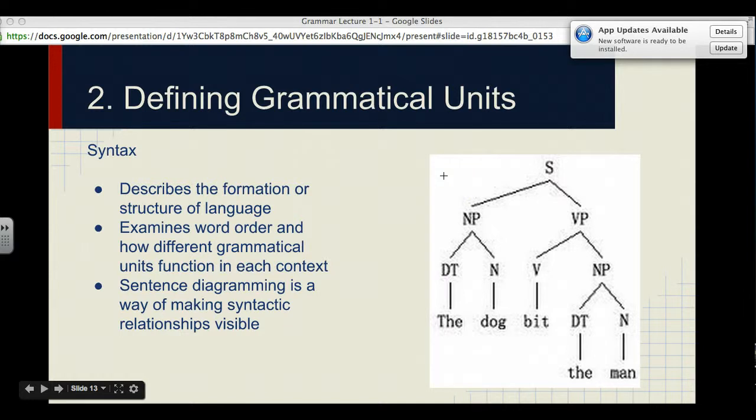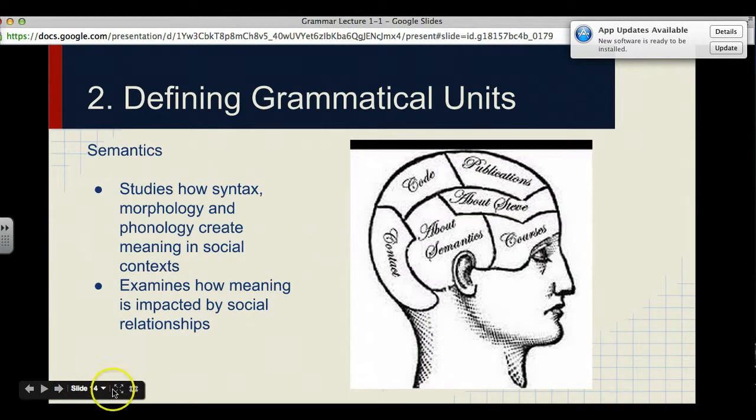It's not the same kind of sentence diagramming that we're going to do, but nevertheless it is very helpful for showing how these different pieces of language fit together to create an overall sentence. So here we can see that we have a sentence. It's broken into a noun phrase, that is the dog, and the verb phrase that consists of bit the man. And these are both things that we're going to talk about once we get to sentence diagramming in a little bit more detail, but just use that to have a good overview of syntax.